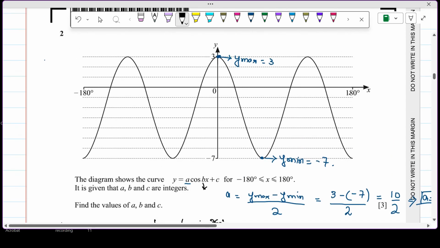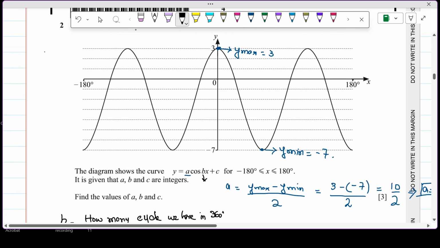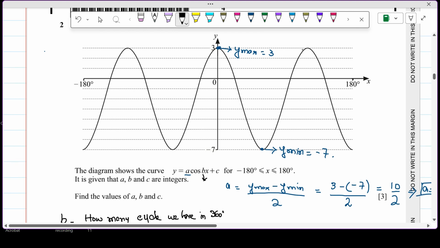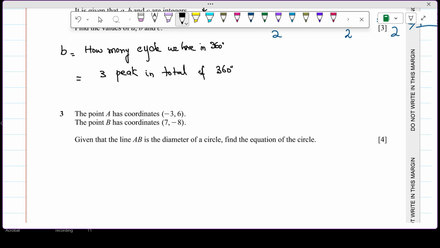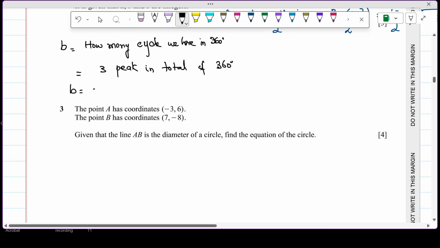So you can see that from 180 to negative 180 we have 360. If we count the peak values 1, 2, 3, there are 3 peaks in total of 360 degrees. So b equals 3.